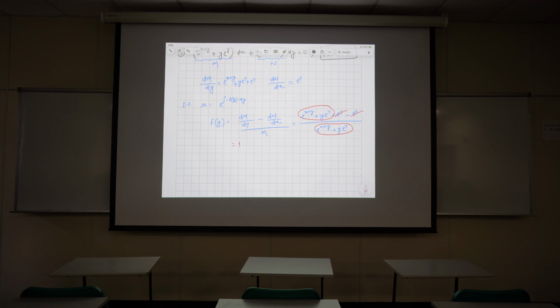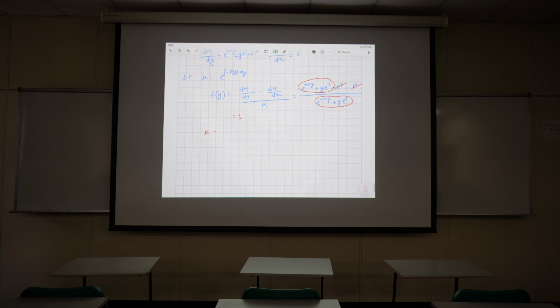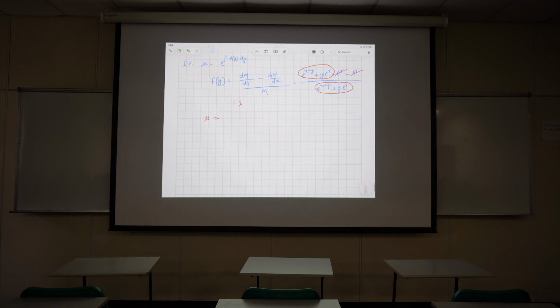Ultimately, I am getting 1. So if this one is 1, then my integrating factor mu is how much? e to the power minus integral of 1 dy, which is e to the power minus y.